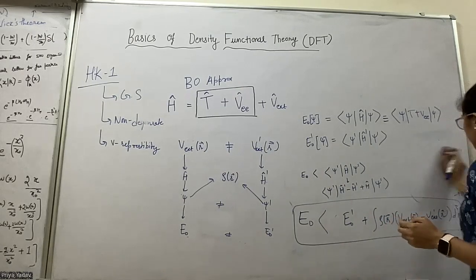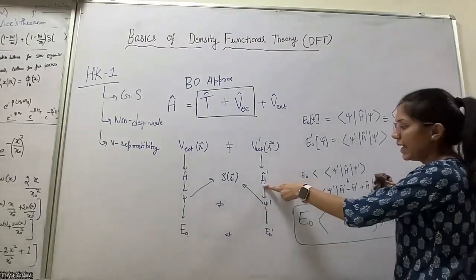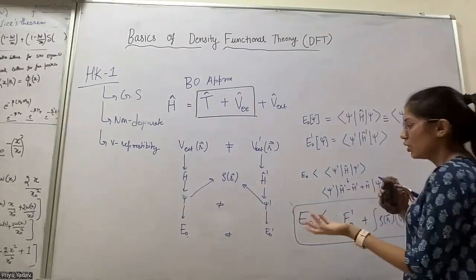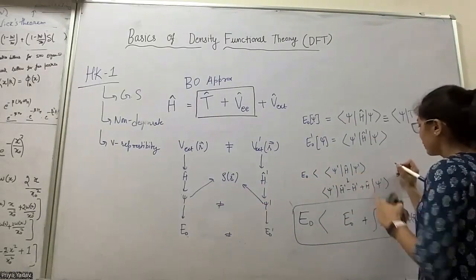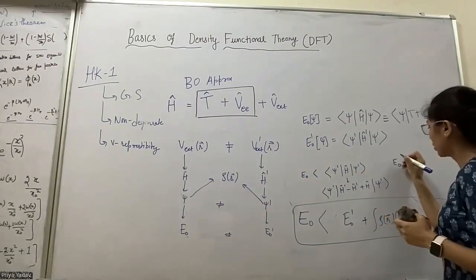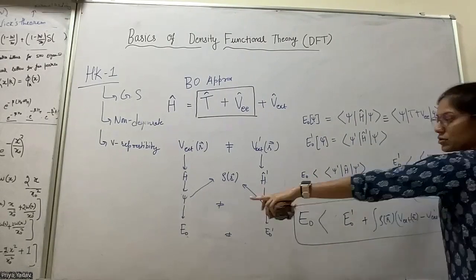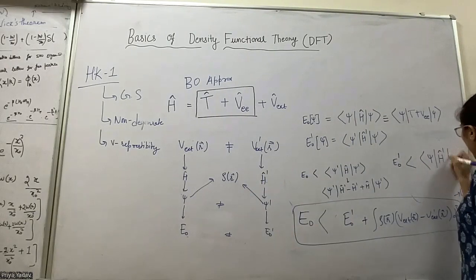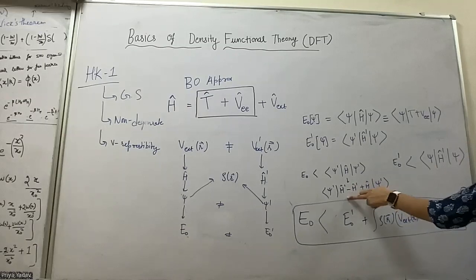Similarly, I can use this Hamiltonian and use psi as its trial wave function, the opposite of what I did now. I'll get an equation like the one I have written here. E naught prime will be less than psi H prime psi, and I'll add and subtract H in this.